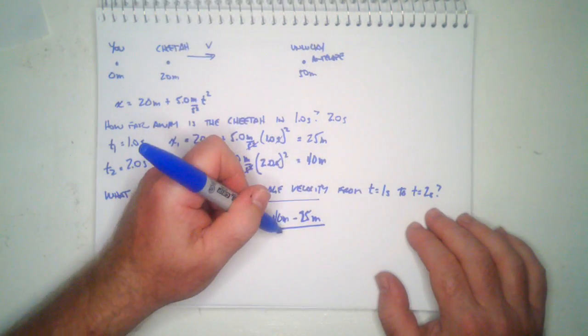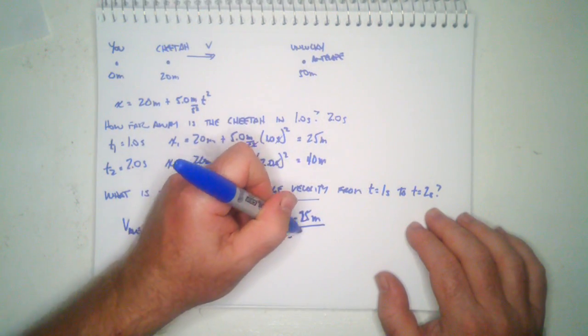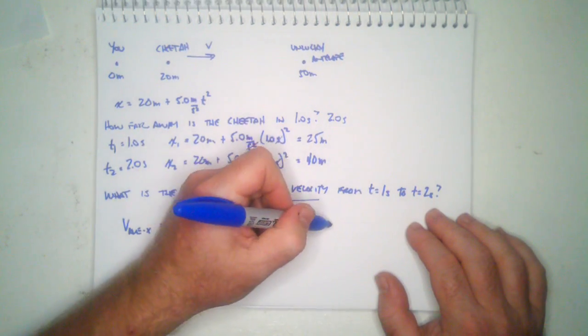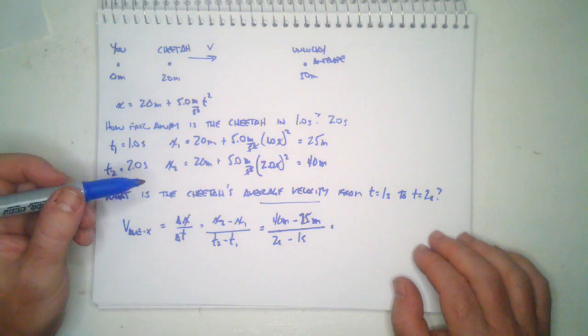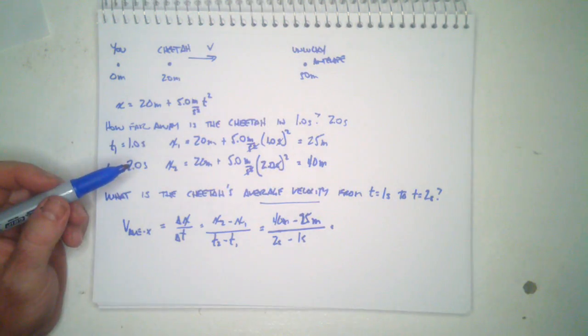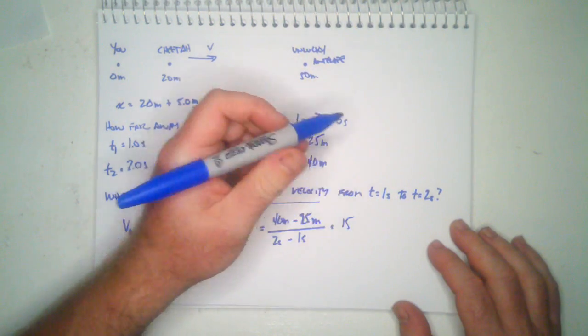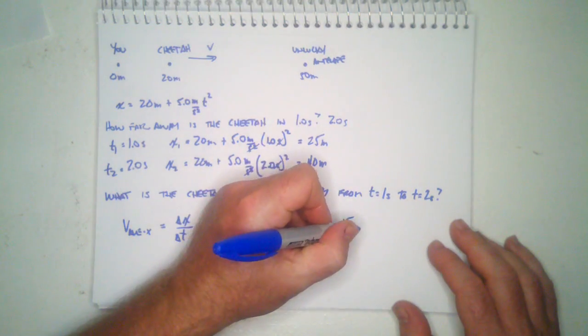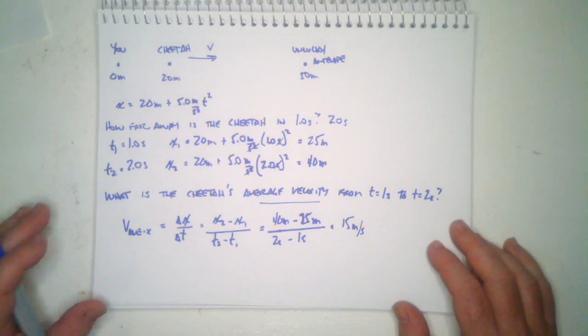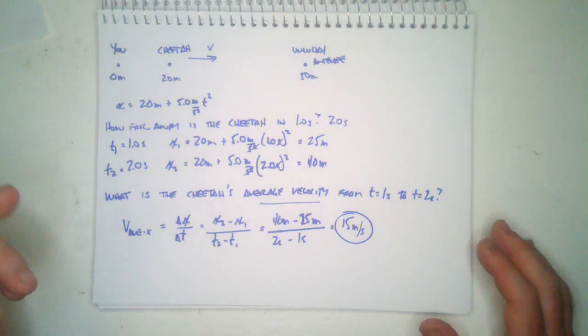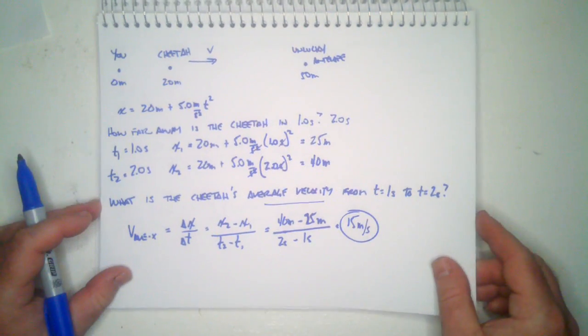And t2 is 2 seconds. t1 is 1 second. That's going to equal 15 meters per second.